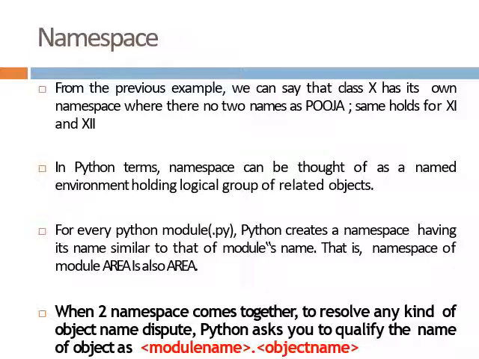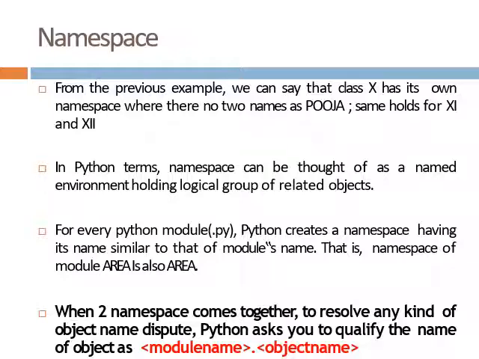Let us see how Python refers to a namespace. A namespace can be thought of as a named environment holding a logical group of related objects. In the previous example, we had students as related objects in a logical group. Now, how does Python create a namespace? Whatever the name of the module is will be the name of the namespace.